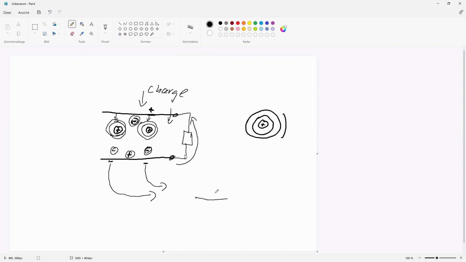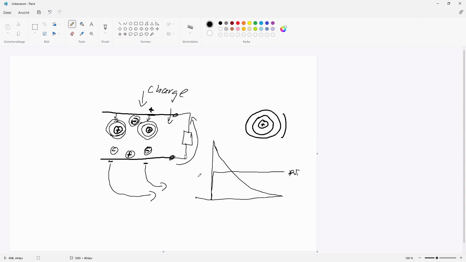That means when you set the pressure on, you will have an increase of the electrons, but then the charge has an equalization.